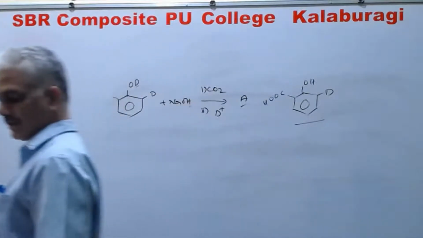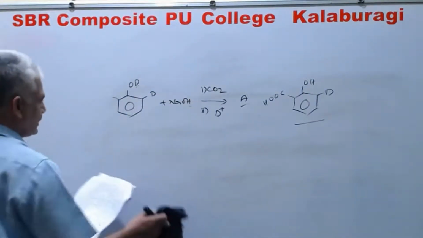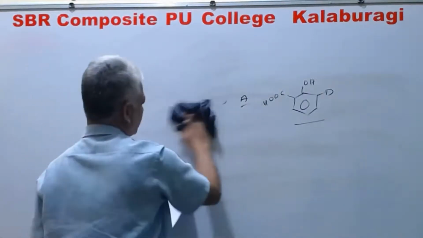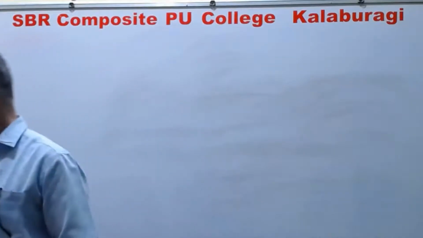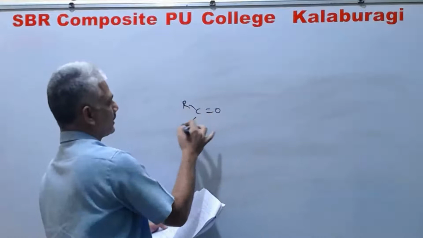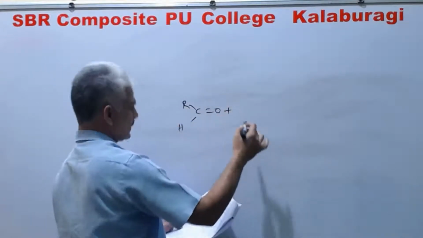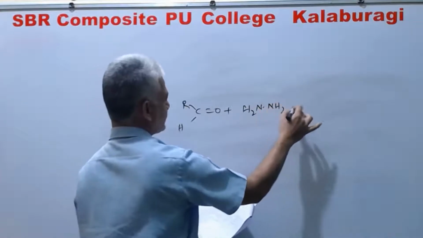Next, 23rd question. Aldehydes on reaction with the hydrazine form. So it is a direct asking of the property of aldehydes. This is aldehyde. Hydrazine, for our convenience, can be represented like this.